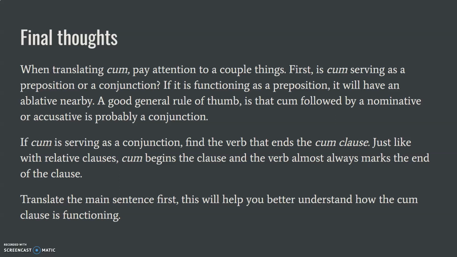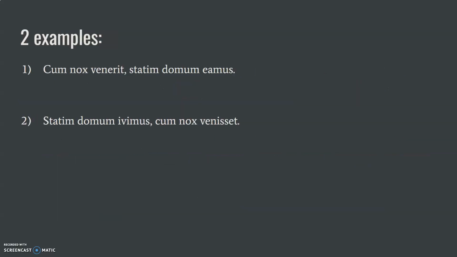If cum is serving like a conjunction, find the verb that ends the cum clause. And just like with relative clauses, cum will begin the clause, and the verb almost always marks the end of the clause. So it's a good general rule of thumb for figuring out where your clauses start and stop. Always try and translate the main clause first, so you can figure out exactly how the cum clause is functioning. What sequence are we in? Do we need to talk about same time or prior time? And that's it. So, really quickly, 2 examples.